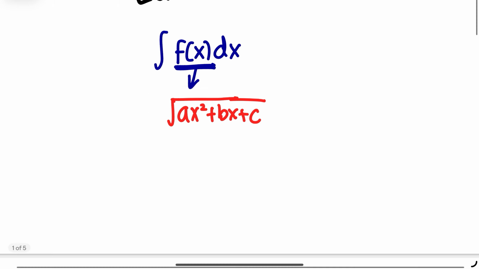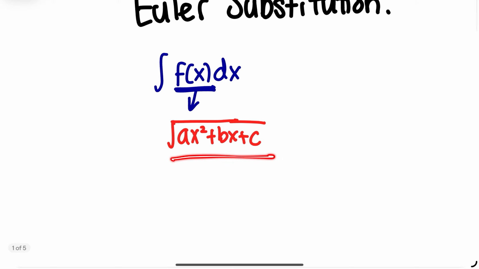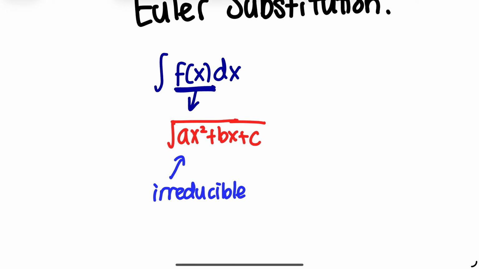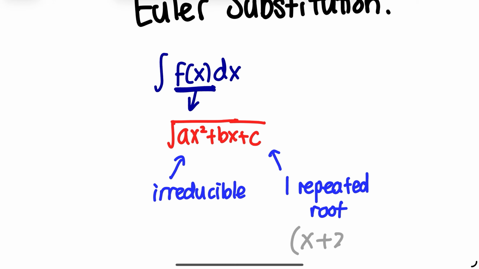Obviously when it comes to a quadratic, there are always three cases. One case is when it is irreducible. One case is when it has one repeated root. That looks something like (x plus 2) squared.